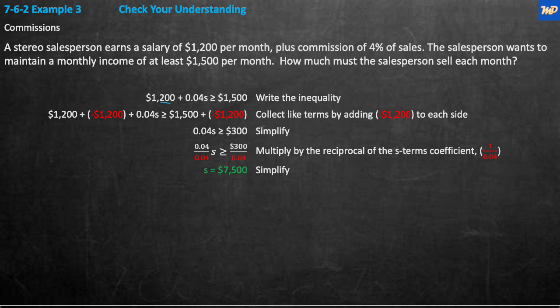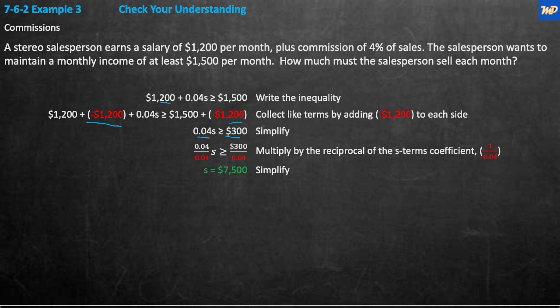So in order to solve this problem, we're going to subtract the $1,200 from both sides. So here's where we're subtracting $1,200 from this side and from this side. And when we do that, we're going to end up with 0.04 times the sales has to be greater than or equal to $300. 1,500 minus 1,200 is 300.